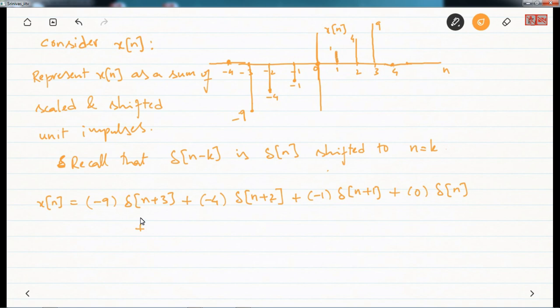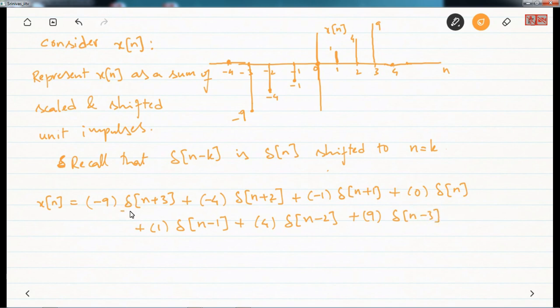This I can write as 1 into delta of n minus 1. There is an impulse at n is equal to 1. So that means at n equal to 1, there is an impulse with amplitude 1, plus 4 multiplied by delta of n minus 2, plus 9 multiplied by delta of n minus 3.